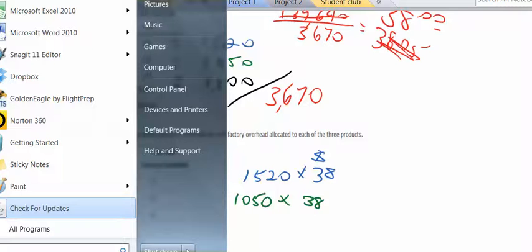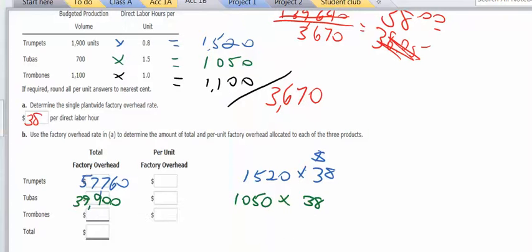That looks like 41,800. So we have the total factory overhead. We can add all three of these numbers together, and that will equal 139,460.